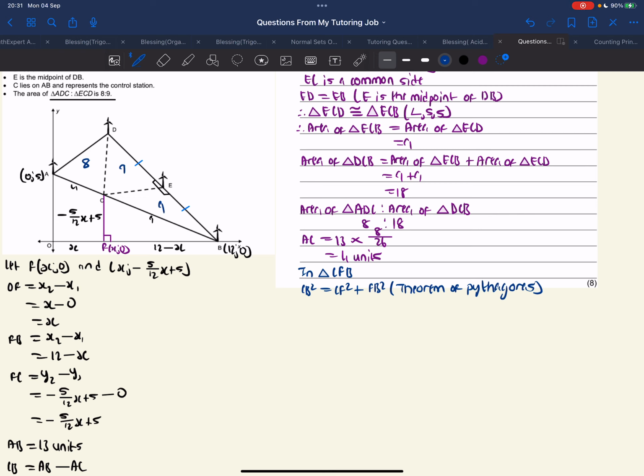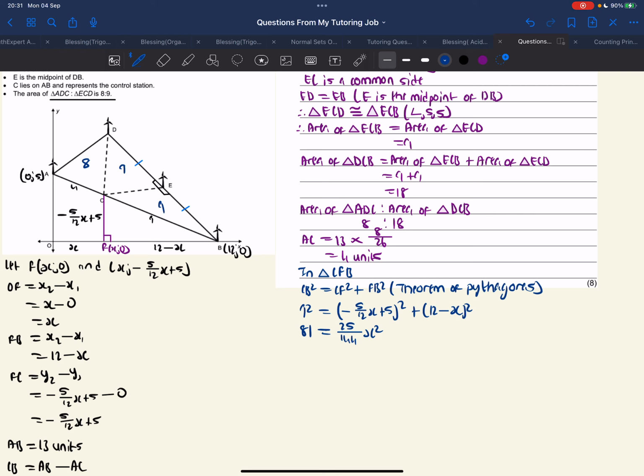Alright, now CB is 9, squared equals CF squared. CF, remember CF is minus 5 over 12 x plus 5, squared, plus 12 minus x, squared. That's going to be 81, and that one is going to be 25 over 144 x squared.